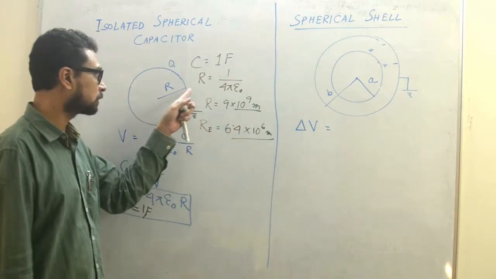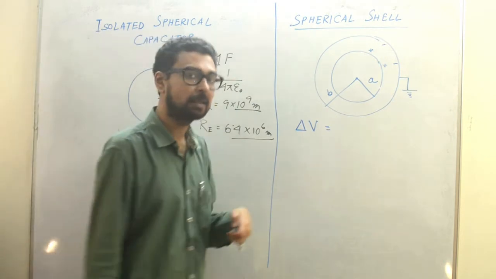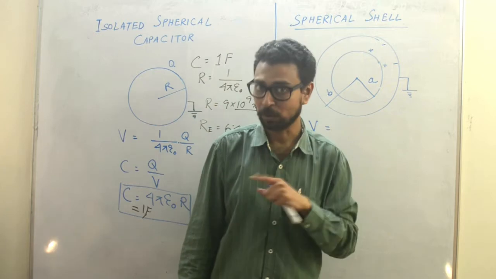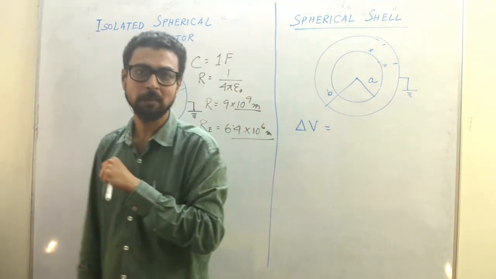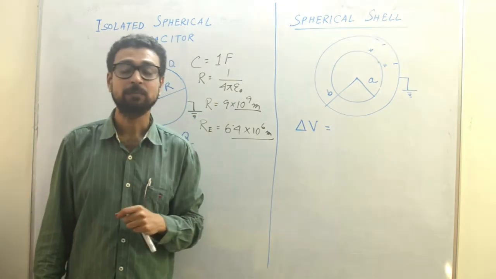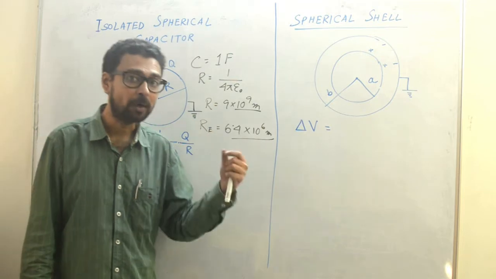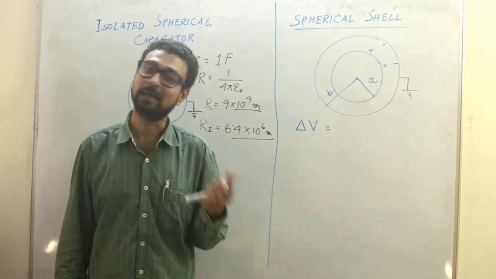I told you that for the isolated sphere the potential is constant till the surface, but in this case that will not remain so. These are simple concepts we have to understand in order to know how things work in capacitance or electrostatics.